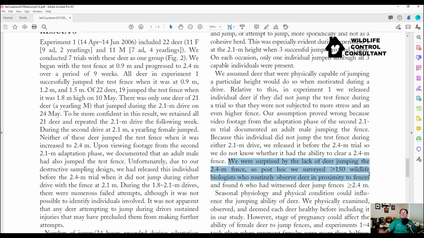And they found 6 who had witnessed deer jumps above 2.4 meters. How much is 2.4 meters? That's an 8-foot fence. They found 6 wildlife biologists who said, oh yeah, I saw a deer clear an 8-foot fence. That's impressive, right? Now, that wasn't part of their experiment, but they did that research for you.